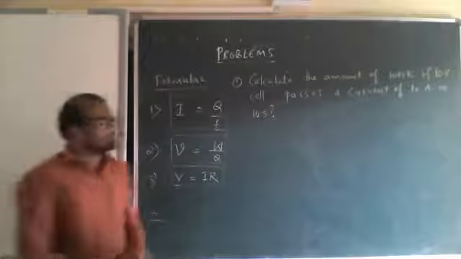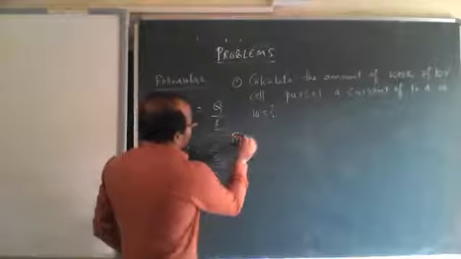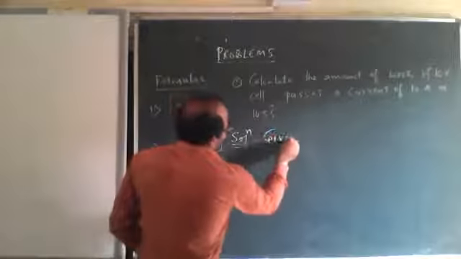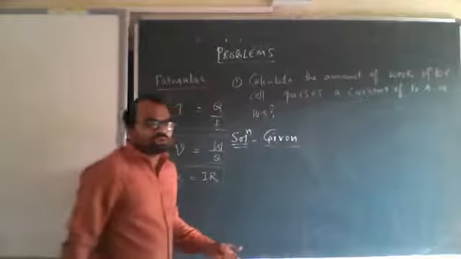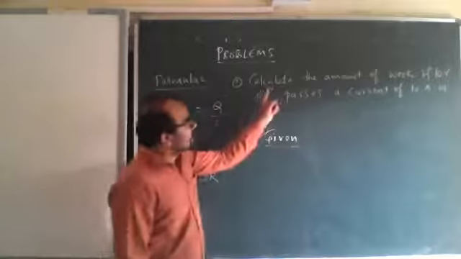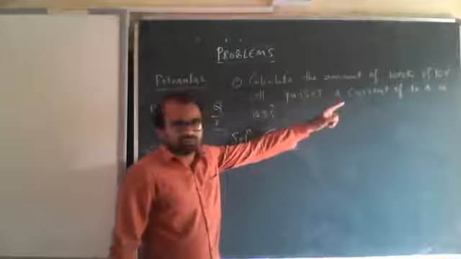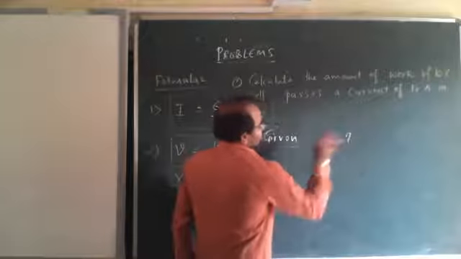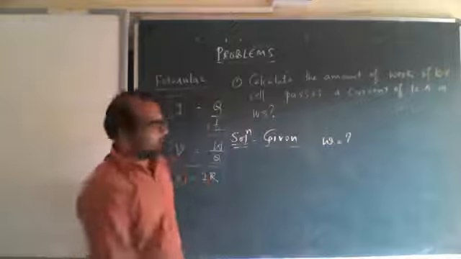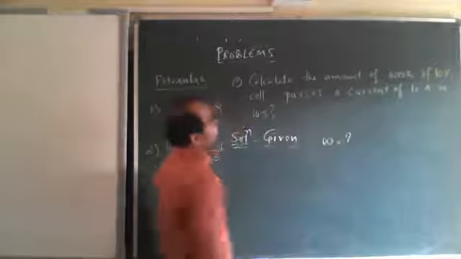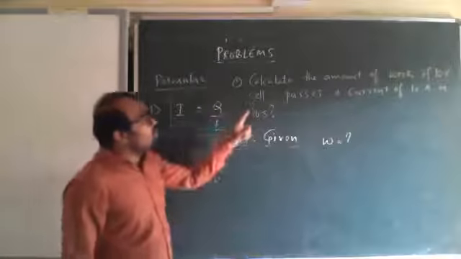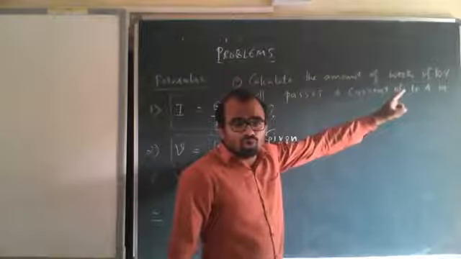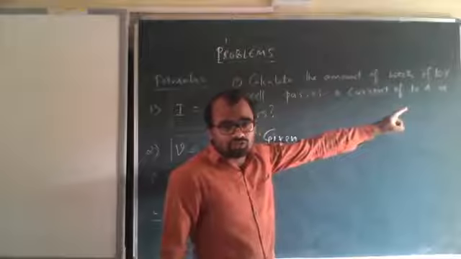While solving the problem, the first thing you have to do is write what is given. While reading the question we have to write. Calculate the amount of work. They have asked work, so give the question mark for work. If 10 volt cell, they have given V here, 10 volt. 10 volt means it is voltage, potential difference.